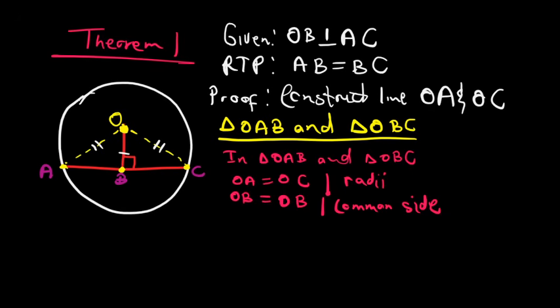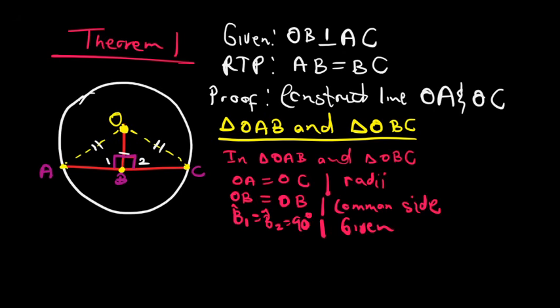another thing that is common with these triangles is this angle here of 90 degrees. So let's say this is B1, this is B2. You can say angle B1 is equal to angle B2 is equal to 90 degrees. The reason is given.